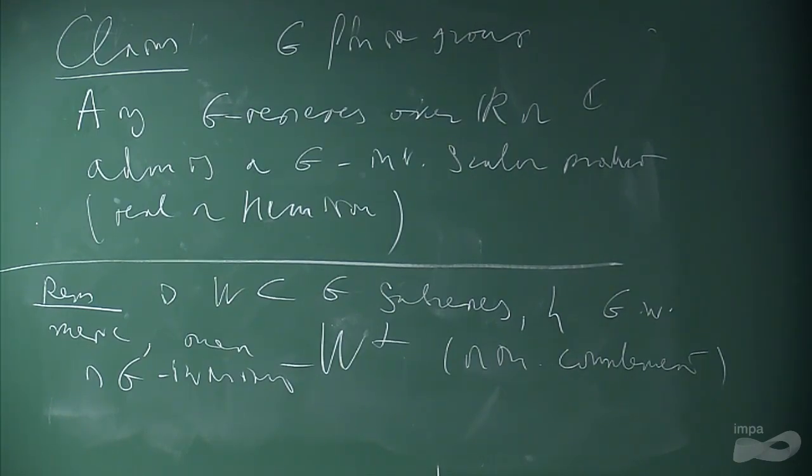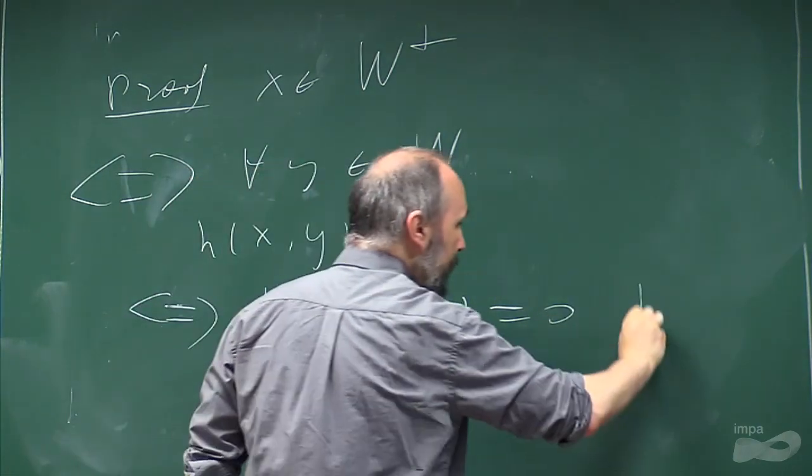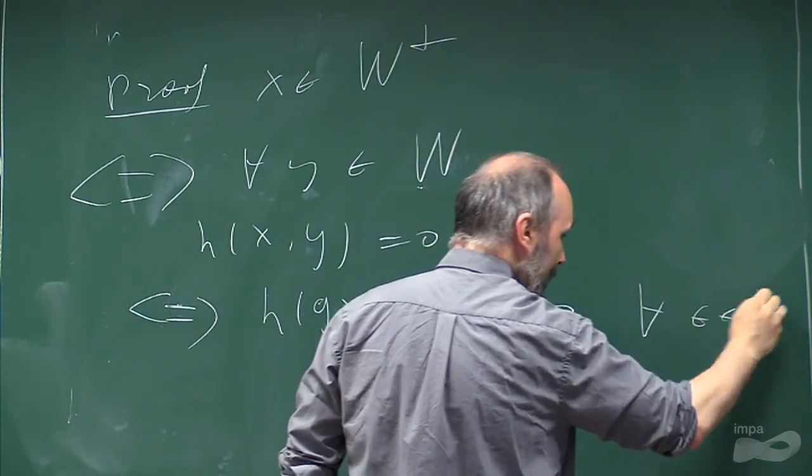That's the definition. But then this is equivalent to, because h is invariant, h of (g x, g y) equal to 0 for each g inside the group.